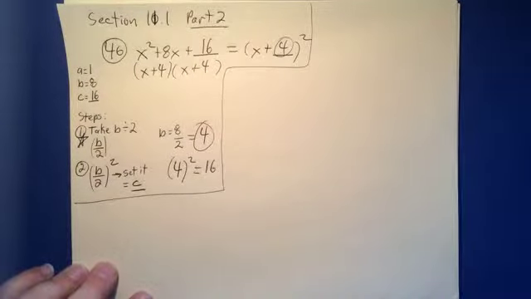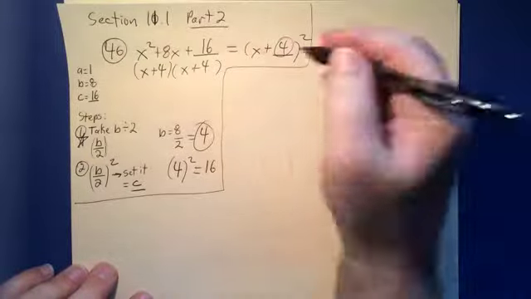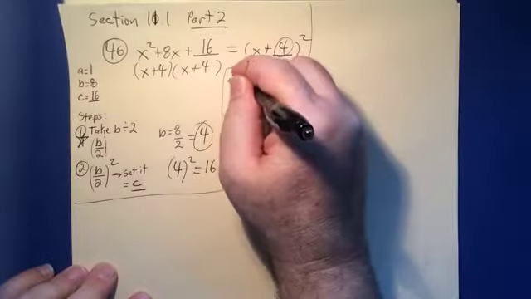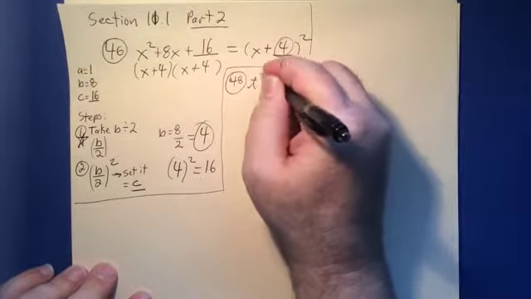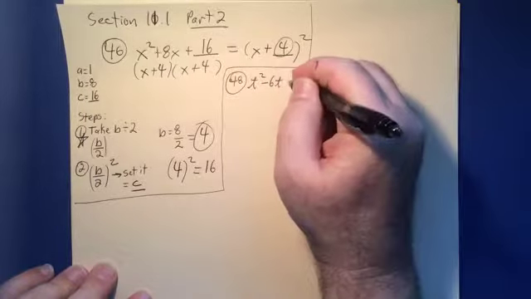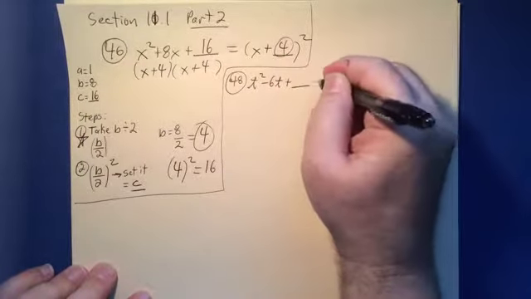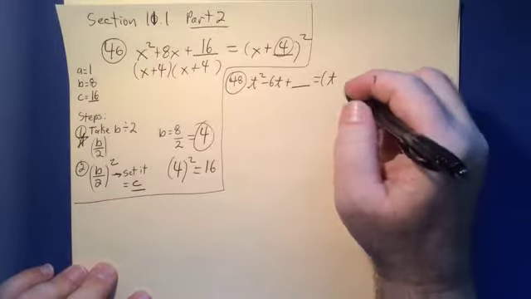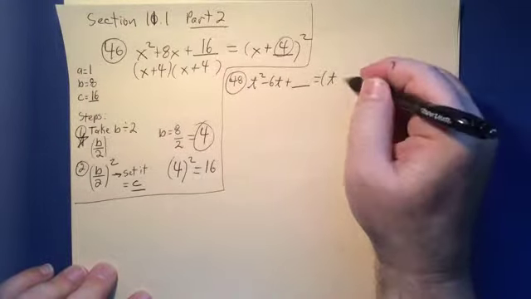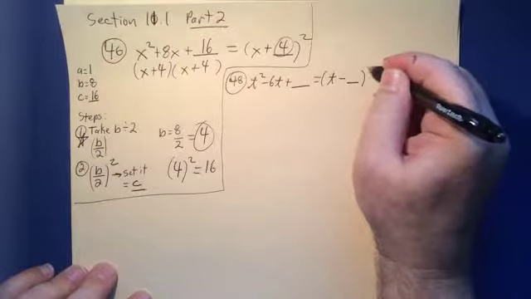Let's take a look now at question 48. I have the problem t squared minus 6t plus something equals t minus some number squared.